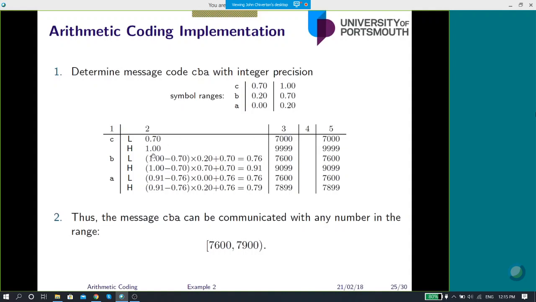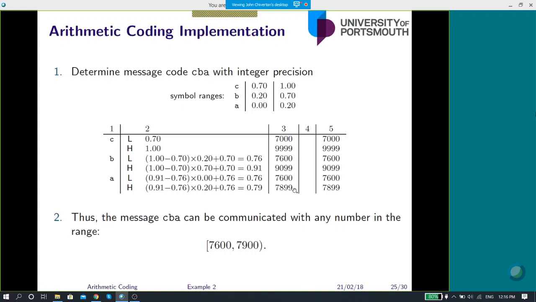For the first symbol to be transmitted in this example, we transmit some number between 7,000 and 9,999. Then the symbol B follows, and that's a subrange of the 0.7 to 1 values. Using the probability ranges up here, 0.76 up to 0.91, in terms of the mapping to integer values, that's simply 7,600 to 9,099.